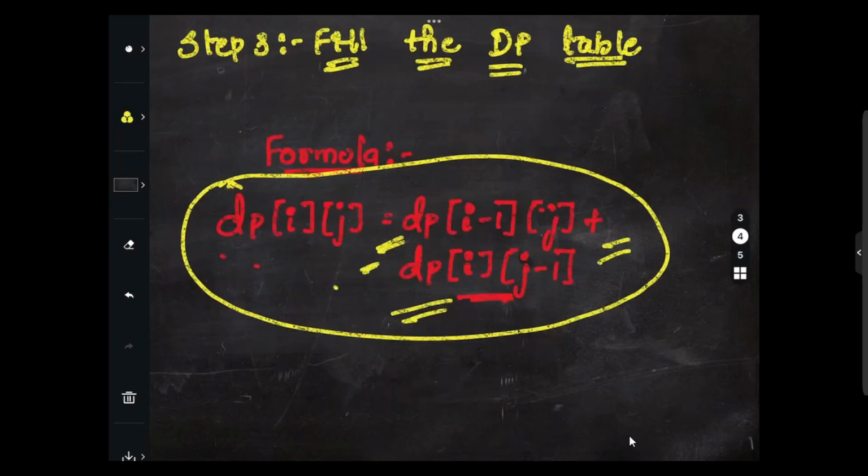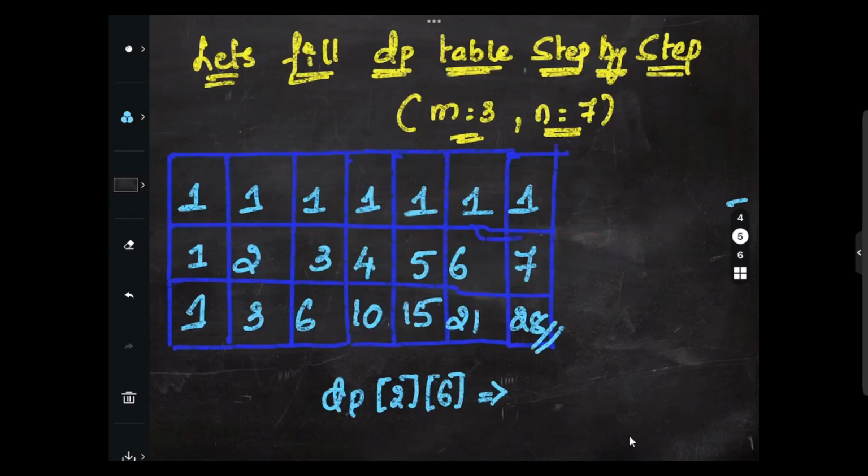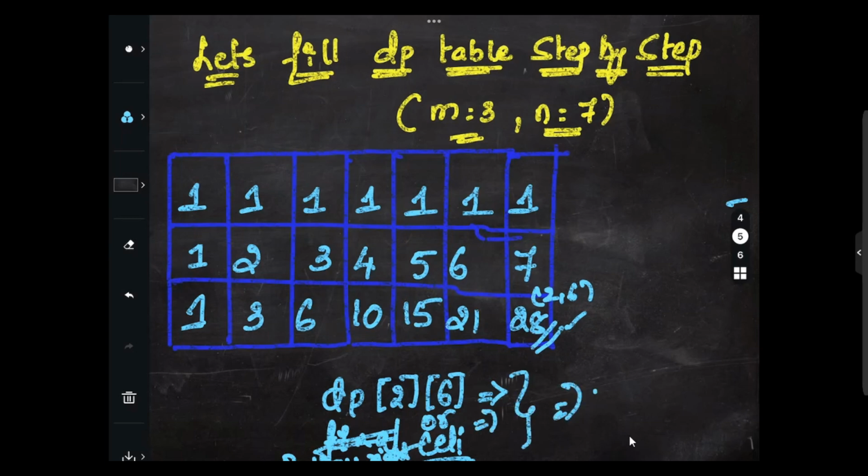So you can just go with this formula, dp of i minus 1,j plus dp of i,j minus 1. For dp of 2,6, the last one for this particular example, the final cell, the bottom right cell, the value we have got is 28.